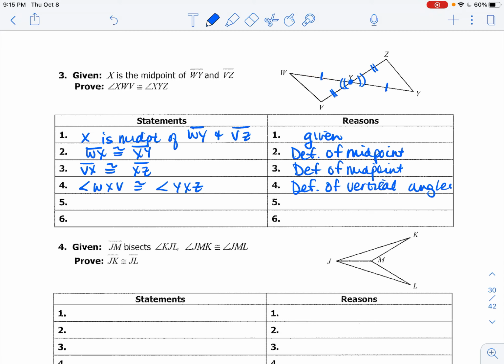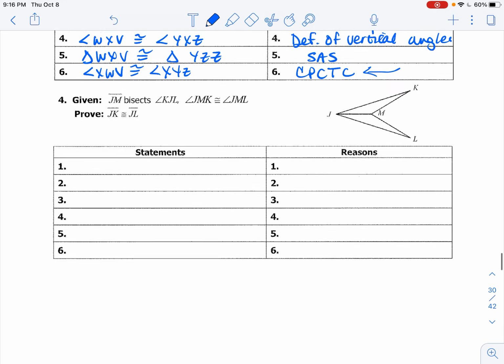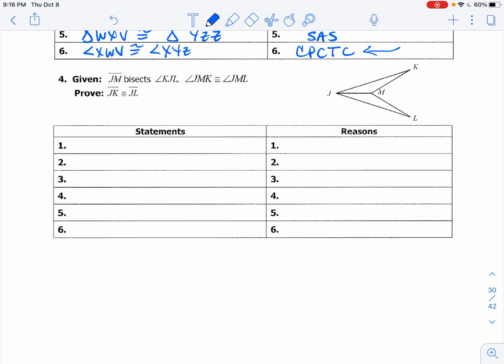The angle's in between, so by side angle side, we can prove that triangle WXV is congruent to triangle YXZ. And if the triangles are congruent, then we can say that angle XWV is congruent to angle XYZ by corresponding parts of congruent triangles being congruent. Have you noticed a theme? Seems like all of our answers end with this.